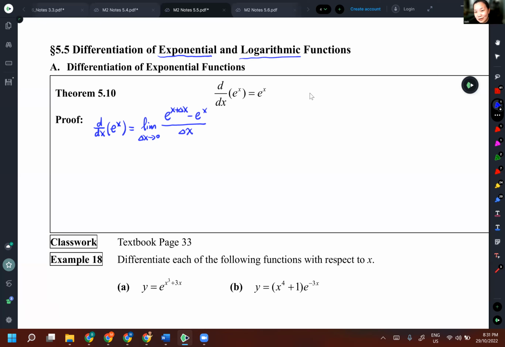This time I'm using delta x. Like on Friday, I was also using delta x because I thought maybe you need to know how to use this one as well.